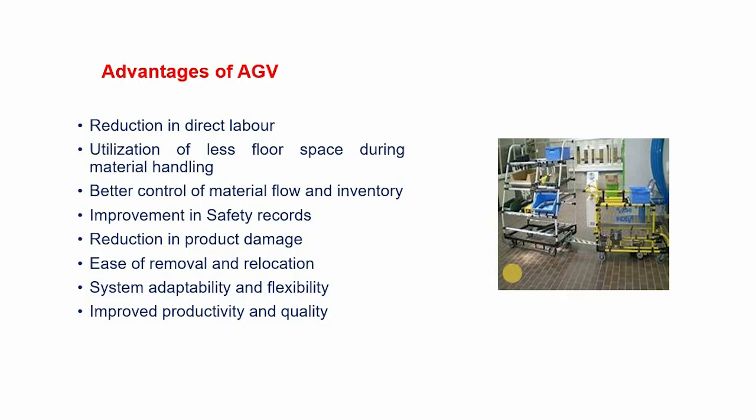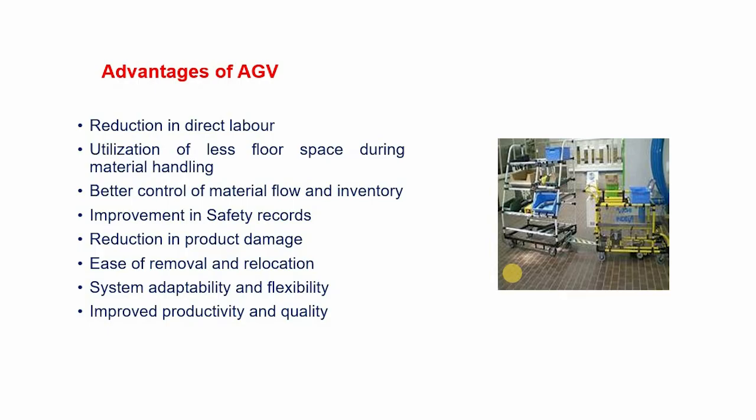Various safety methods are used and safety records have improved, and product damage has been reduced. There is no collision between the vehicles, the parts and other devices, so product damage is automatically reduced. Removal and relocation is very simple and quick.